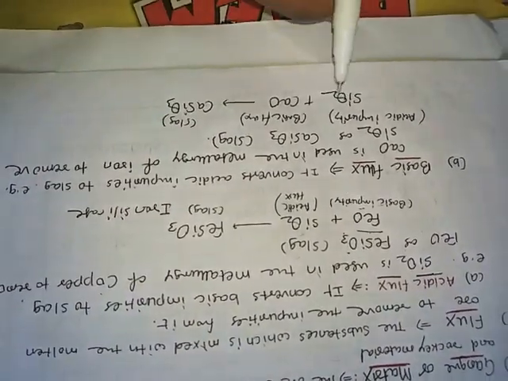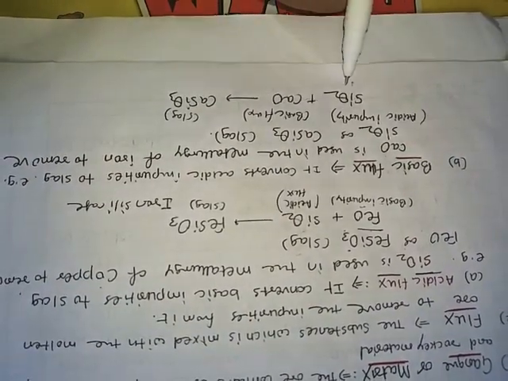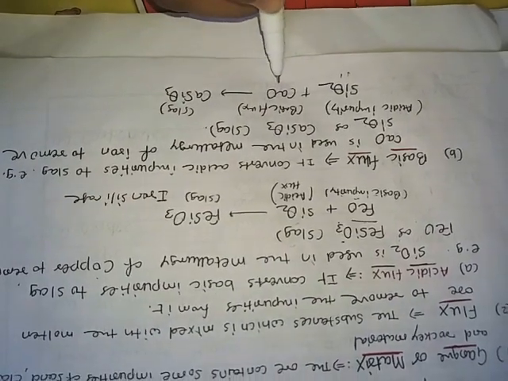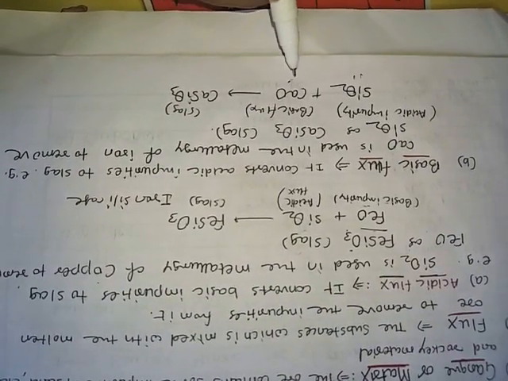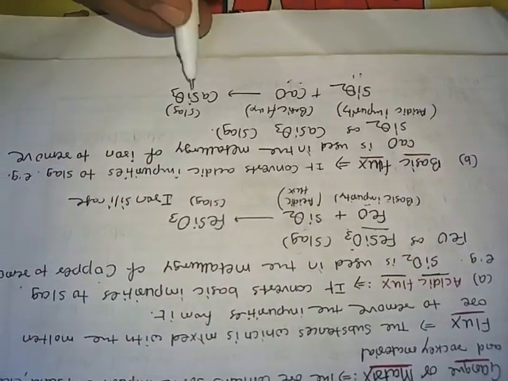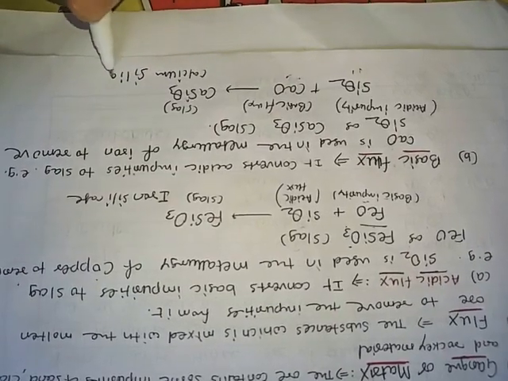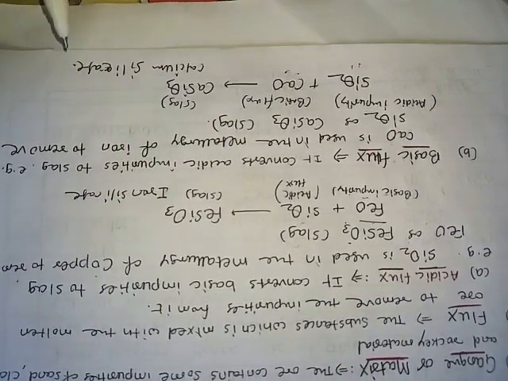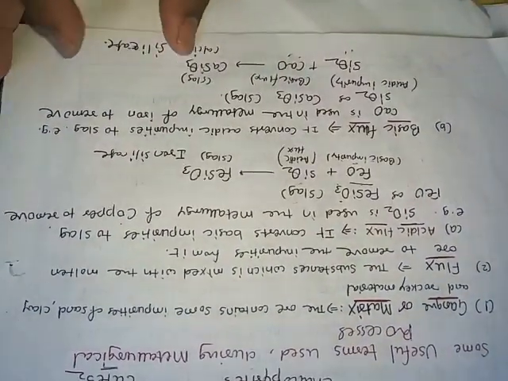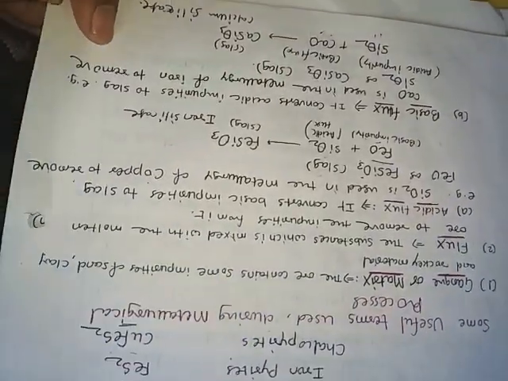In that reaction SiO2 is the acidic impurity, and we remove it with the help of basic flux, CaO. You will get calcium silicate as a slag. Like that we can remove acidic and basic impurities with the help of flux.